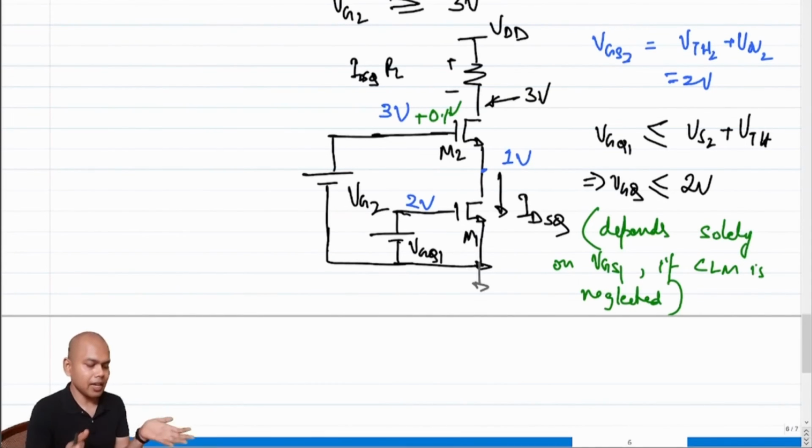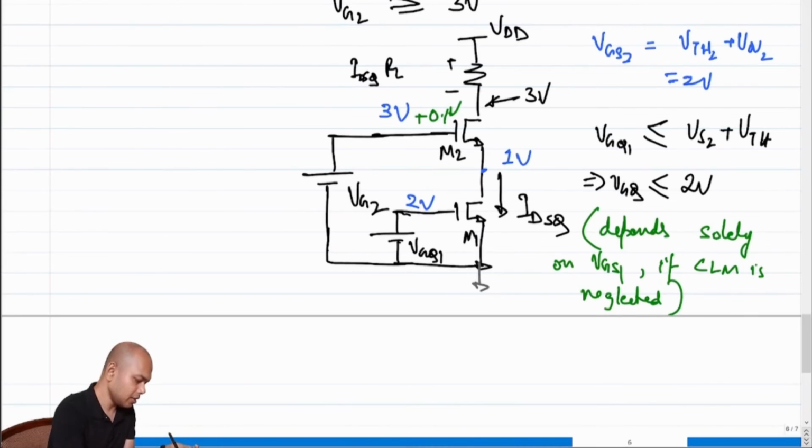So if M1 acts like an ideal current source for M2, changing the gate voltage of M2 should not change the current in that stack, correct? If changing the gate voltage of M2 does not change the current, what is the only likely scenario? The only likely scenario is the VGS of M2 will not change, right?